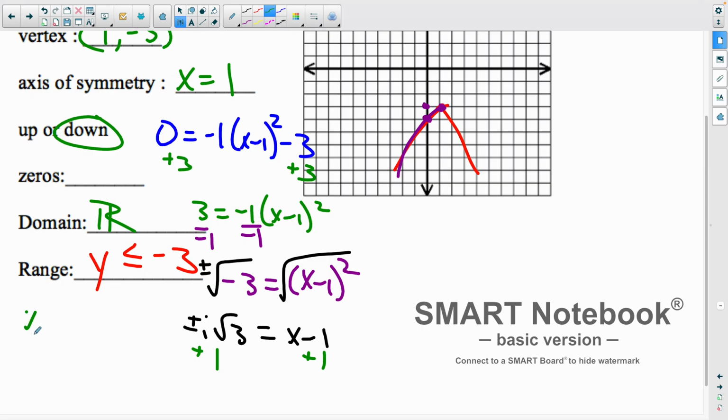So if I wanted to write a representation for this, it would be 1 plus or minus i square root of 3. Now, we can also say no real roots, and we see that because it doesn't ever cross the x-axis. Okay? All right, I'm going to conclude right there today.